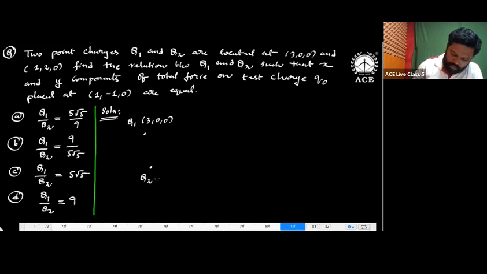Charge Q2 is located at (1, 2, 0). Charge Q0 is located at (1, -1, 0). What is the force on this due to this one? What is the force direction? Line joining two points.